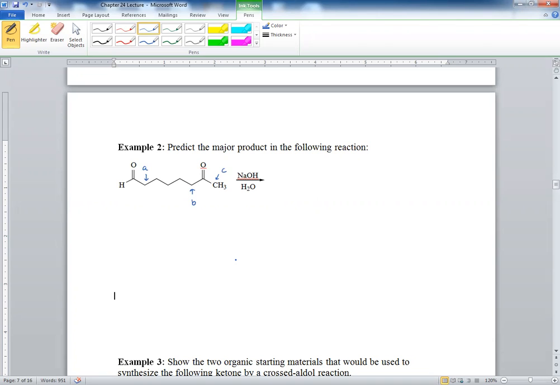And you have to actually draw the possible products. And then when we draw the products, we can determine which one is the favored or the major product. So let's begin with A. Let's make A the enolate.